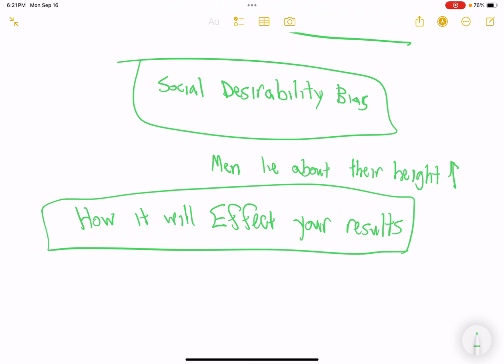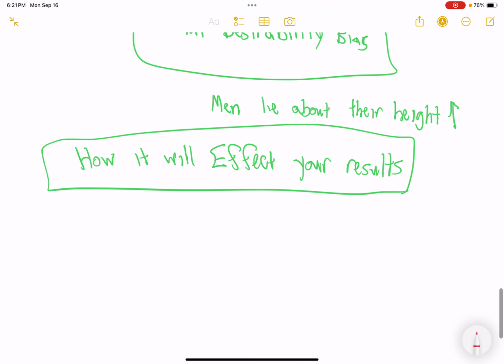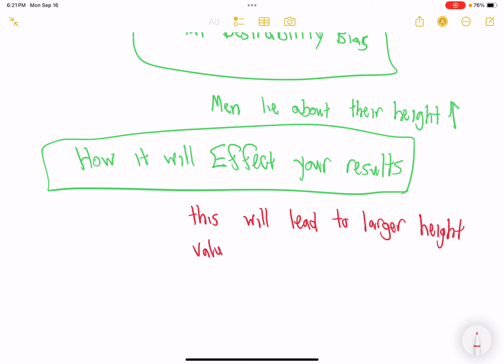This is super important, right? So with the men part, I might say, oh, men will lie about their height. This will lead to larger height values in the data than are accurate.